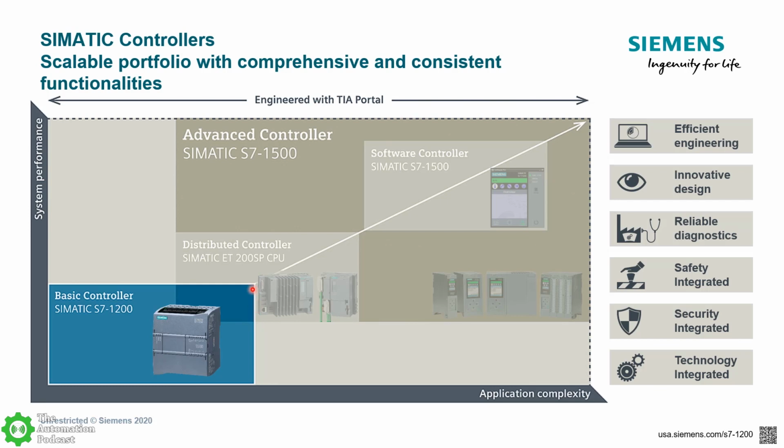It's engineered in TIA Portal, which is the same engineering framework that all of our S7 family of controllers use, which makes it super easy when migrating from a 1200 to a 1500, in case you run into an issue where you find that it's a much more complex application that requires more memory or faster speeds, or just some capabilities that the 1200 doesn't exactly have.